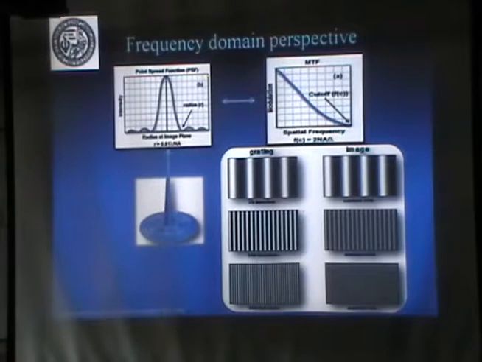The numerical aperture times 2 over lambda gives you the highest frequency you can distinguish. If you have higher frequencies than that, you see gray, you don't see anything. Mathematically, this is the equation. It's called the optical transfer function. It's a Fourier transform, and when you take the modulus, you get the MTF. Is this clear? Ultimately it's very simple, but it's important.